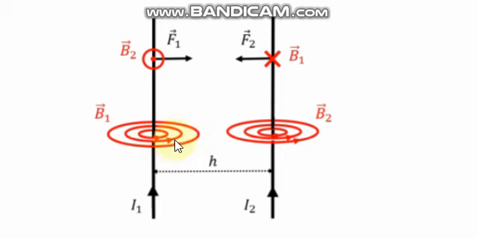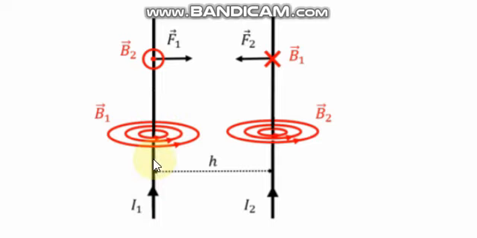Now, how to determine the direction of the magnetic field B1? We will use the right hand rule. If we hold this wire in our right hand such that the thumb of our right hand indicates the direction of the current in this wire, then the curled fingers will give us the direction of the magnetic field B1 produced by this current I1 around this wire segment.